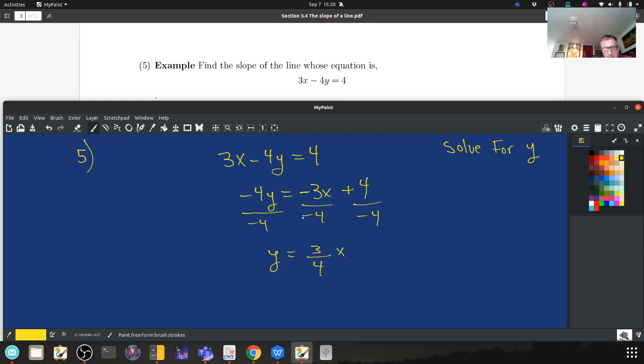Remember, a negative divided by negative is a positive. And 4 divided by minus 4 is minus 1. So that's in slope-intercept form. Y is equal to mx plus b. They're not asking for where the y-intercept is, so our slope here is equal to our value of m, which is equal to 3/4.